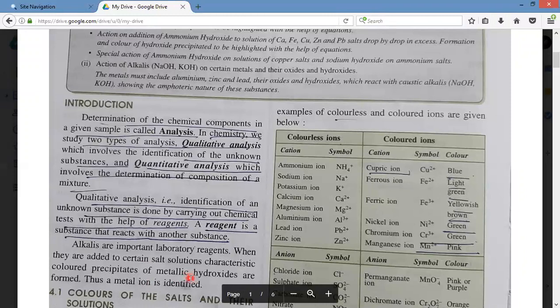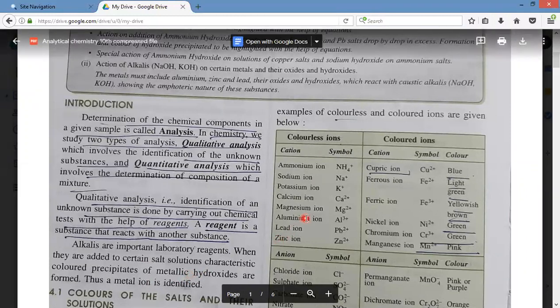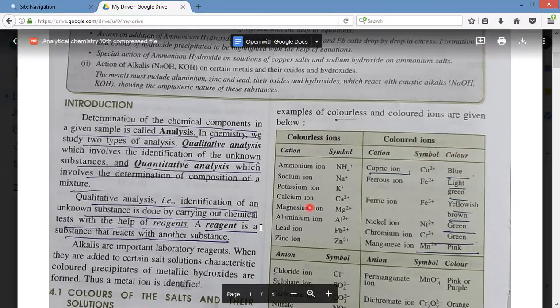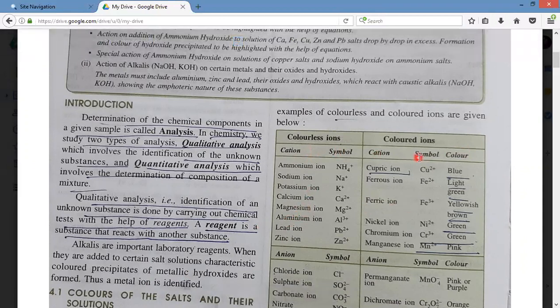your cation or anion. In that, a table is there. This table deals with the colorless ions and colored ions. In this one, the positive ions are present: first ammonium ion, sodium ion, potassium ion, calcium ion, magnesium ion, aluminium ion, lead ion, zinc ion, all are colorless in nature.